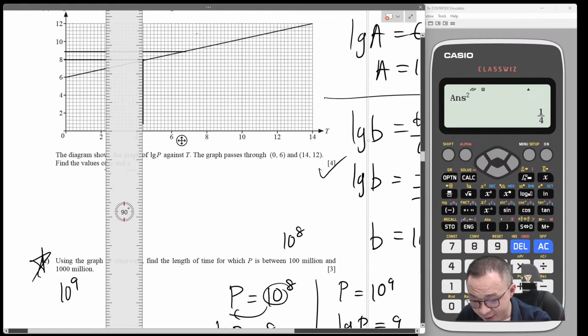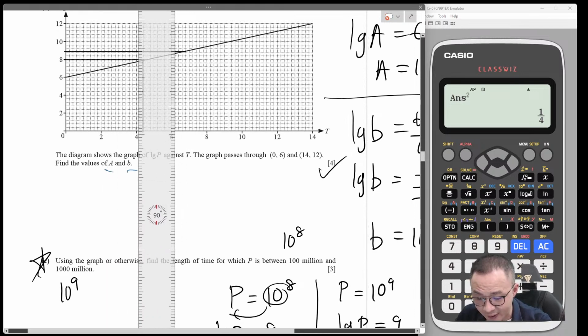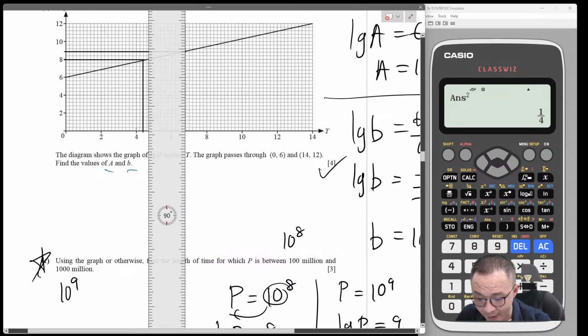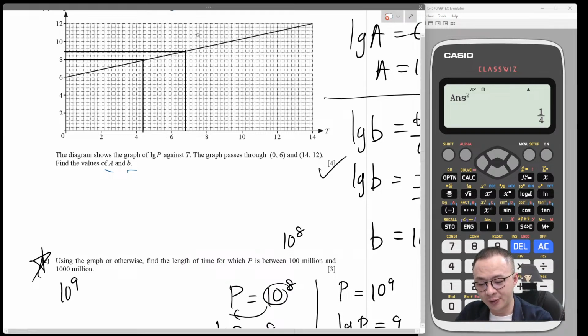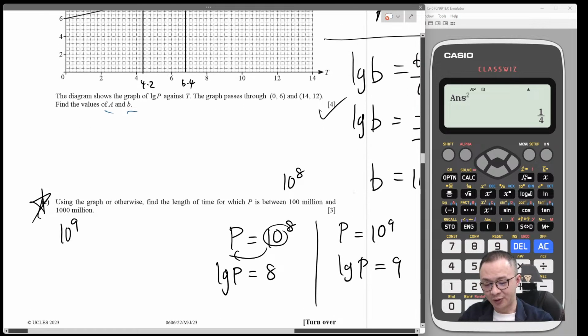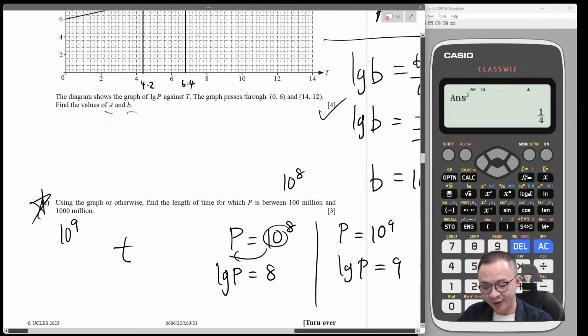I guess maybe it's somewhere here. Okay, so this one is 4.2 to 6.4. So I know my t will be between 4.2 and 6.4.